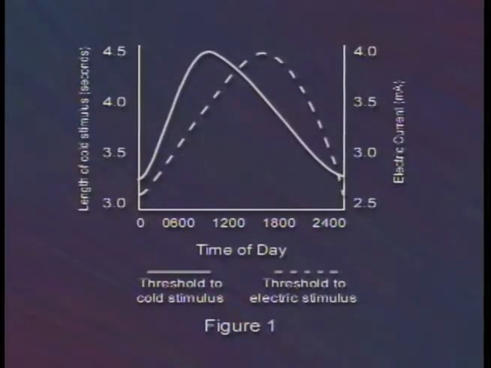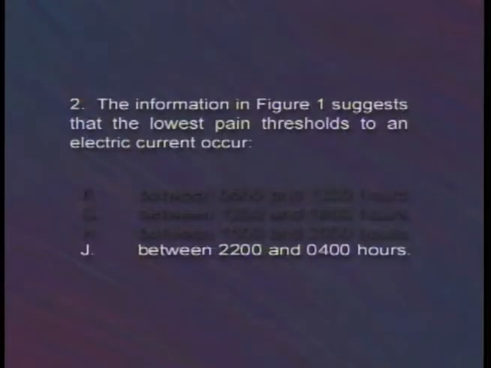This question corresponds to finding the lowest points on the graph. The lowest points on the graph occur in the hours after 0 and 0600 hours, and then after 2200 hours. Thus, the best answer is probably J, between the hours of 2200 and 0400.